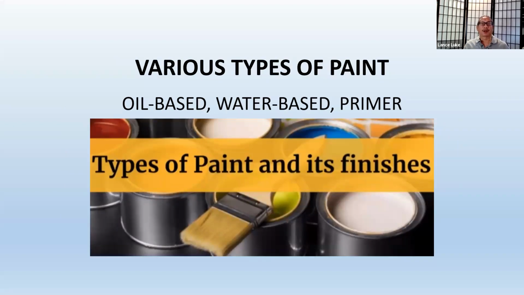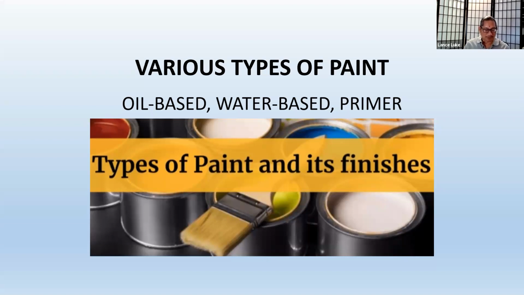Now let's talk about various types of paint. There's actually more types of paint than what I'm going to talk about today, but these are the most common. And we're talking about types of paint and the finishes. So there's oil base, there's water base, and there's primer.